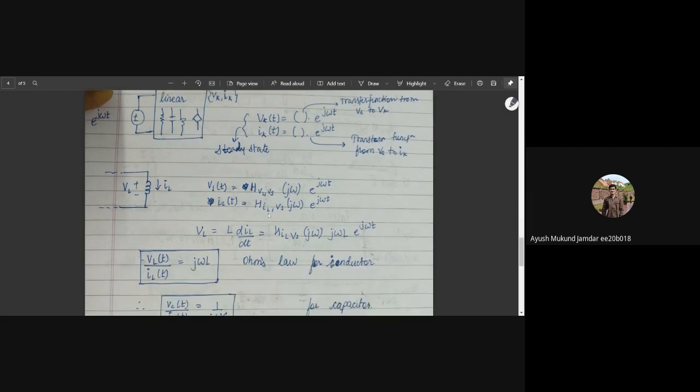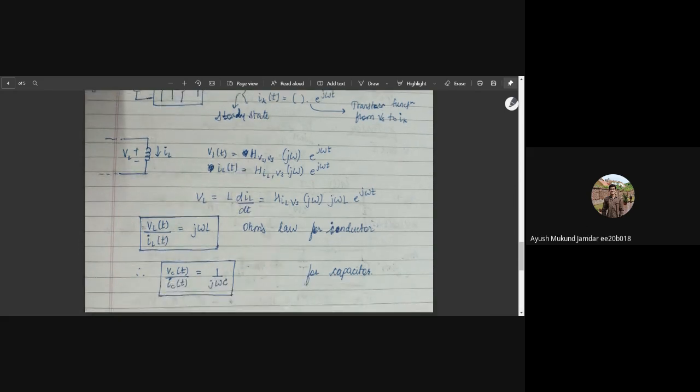So an important property of capacitor and inductor comes out here. Let's say the voltage across the inductor is h of VL Vs, a function of j omega, times exponential j omega t, and I is h of I Vs, a function of j omega, times exponential j omega t.